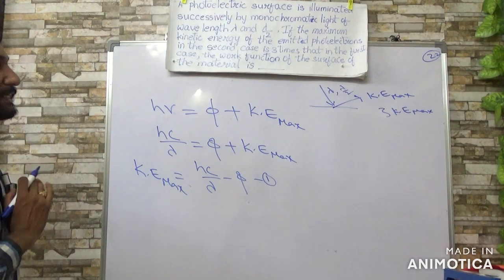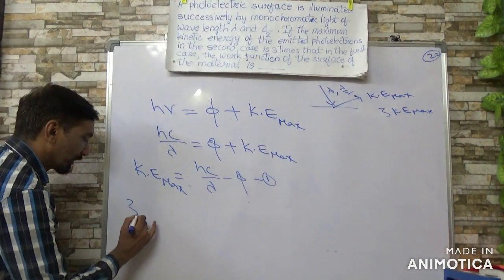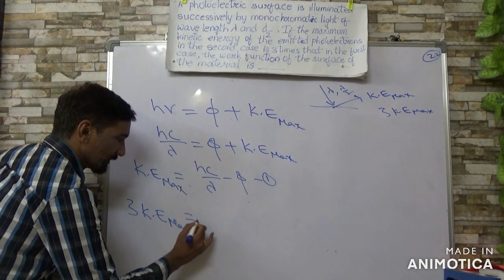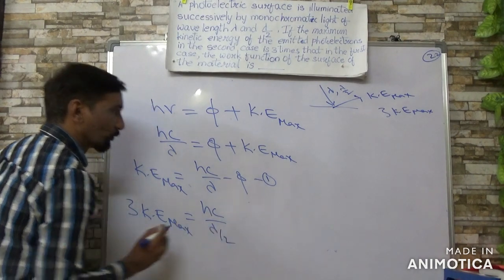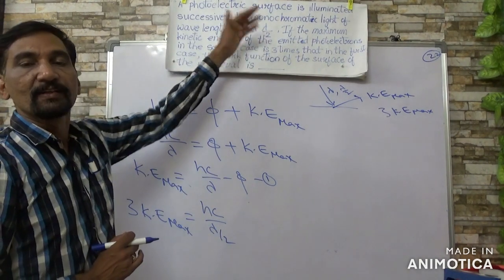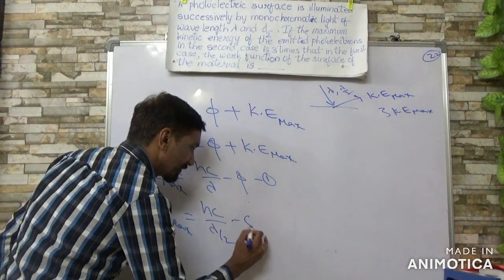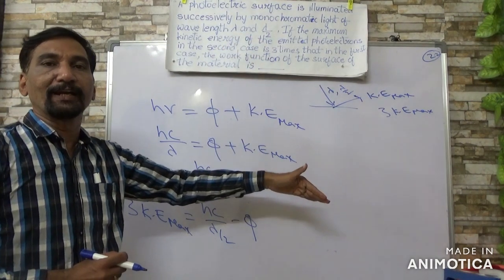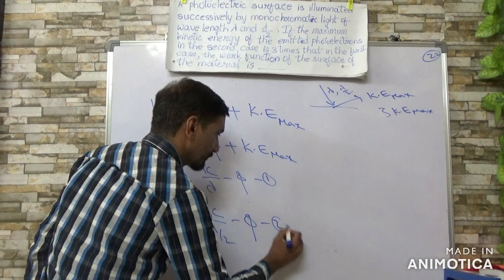Now in the second case they are saying kinetic energy is 3 times, so you can take 3 KE maximum is equal to hc by lambda by 2, because in the second case they said wavelength is lambda by 2, minus phi, because light is incident on the same metal, so the work function does not change.